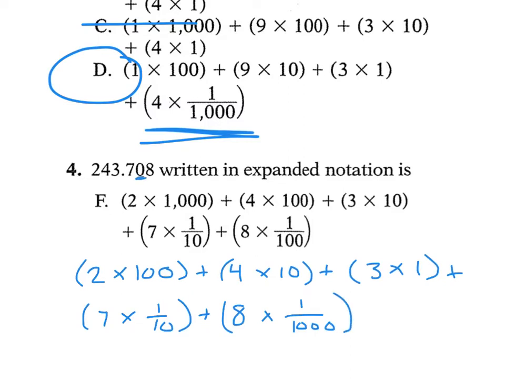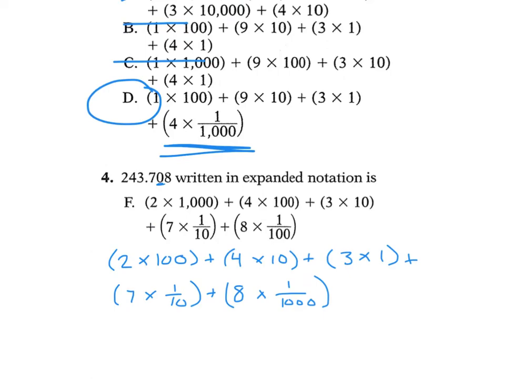And since 0 is in our hundredths place, we don't need to write that. So we don't need to write the zeros when writing expanded notation. So this would be our answer here.